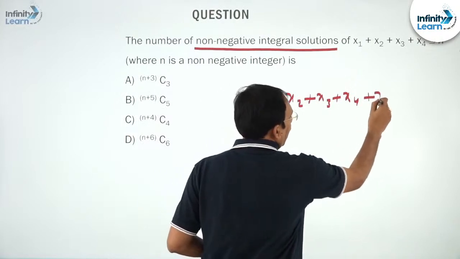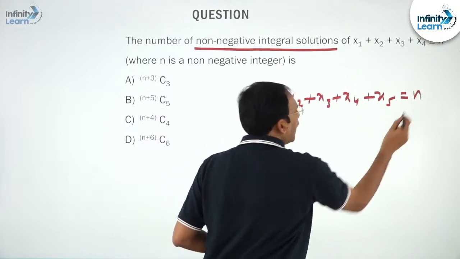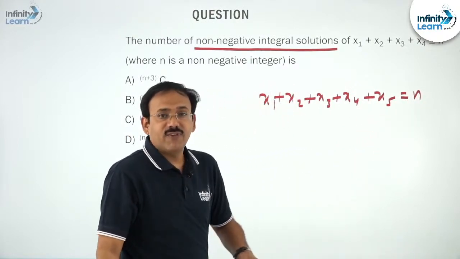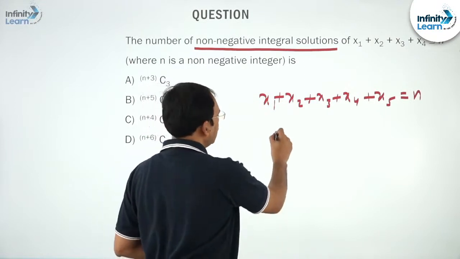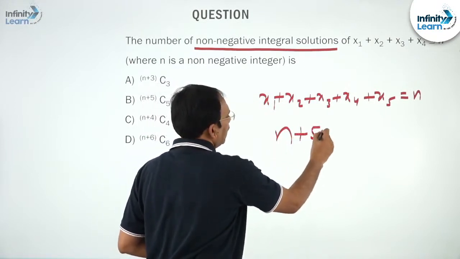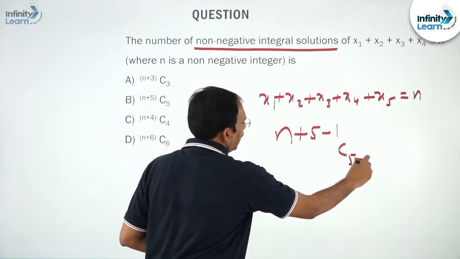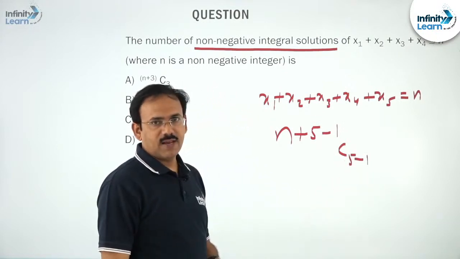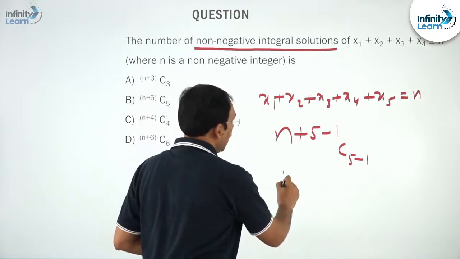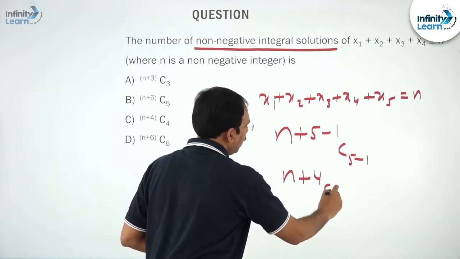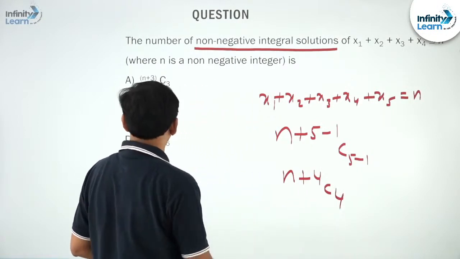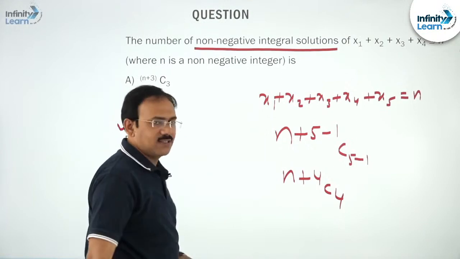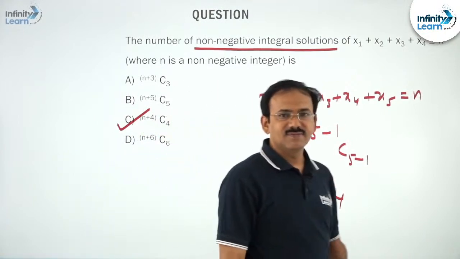Plus x5 is equal to n. So now you just find the number of non-negative integral solutions, n plus 5 minus 1 C 5 minus 1. Am I correct? So n plus 4 C 4 is going to be the answer. This is the answer friends, clear, right?